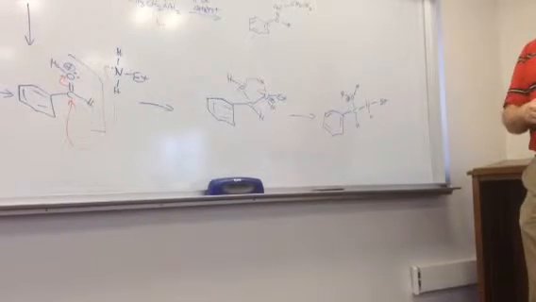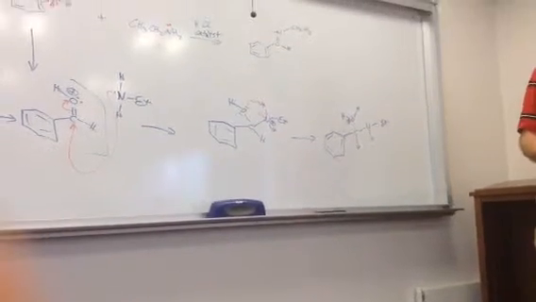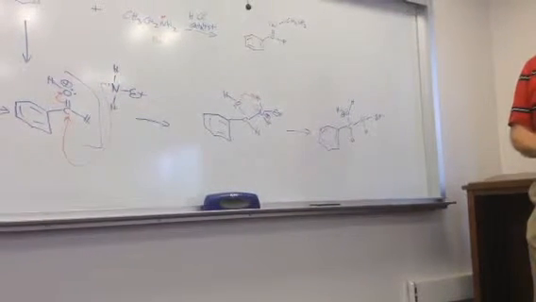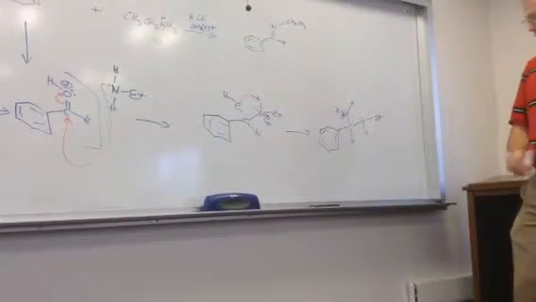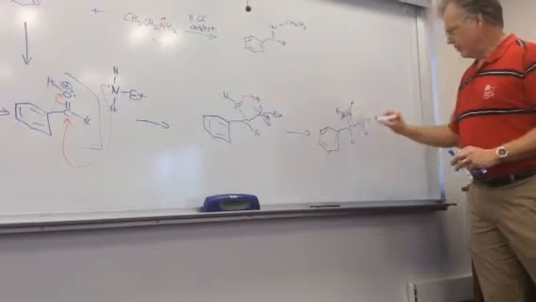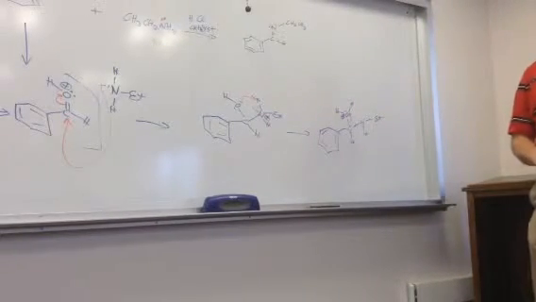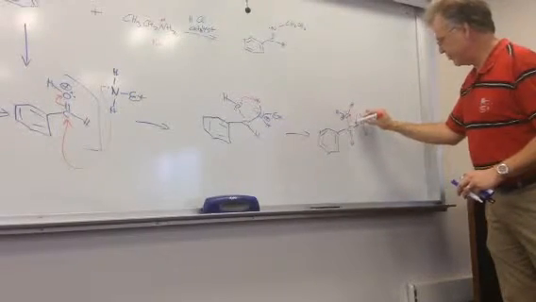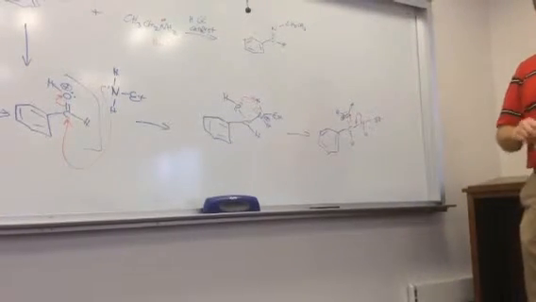All right, what's going to be next in the mechanism now? The water goes away. Water goes away, it's a good leaving group. And the lone pair forms the carbon-nitrogen double bond. Lone pair of the nitrogen comes down to make a carbon-nitrogen double bond.